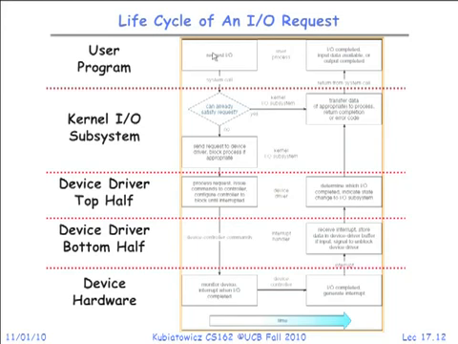And the device driver or the top half of the device, either this part of the kernel I/O subsystem or the top half of the device driver, depending on how things are laid out, will put that process to sleep, and it will start the access going. Okay, so at that point we sort of say, well, process, you can't go right now. We'll put you to sleep, and we'll start moving. And then nothing, right? Then the device does its thing.